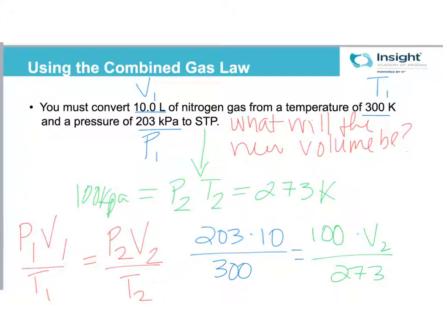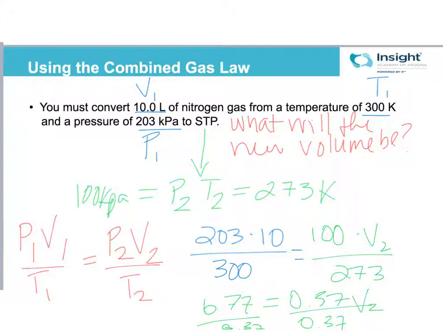Alright, so let's simplify things a little bit here. 203 times 10 divided by 300. So this is going to be equal to 6.77. And then 100 divided by 273, which is going to be 0.37 V2. So I'm going to divide both sides by 0.37.